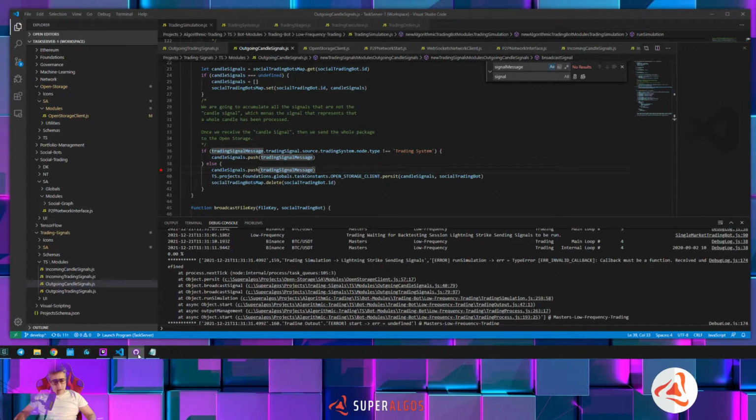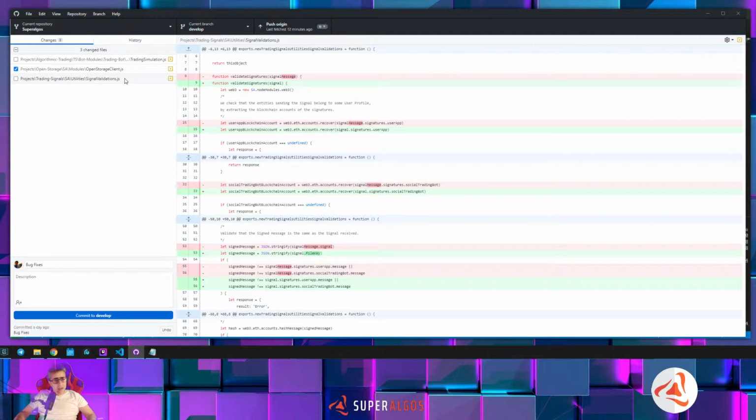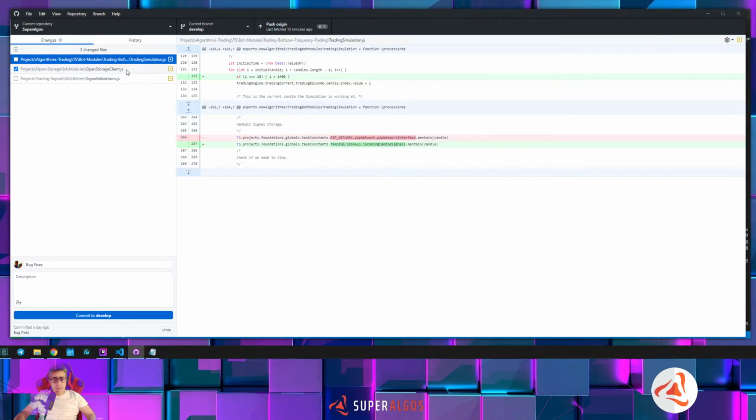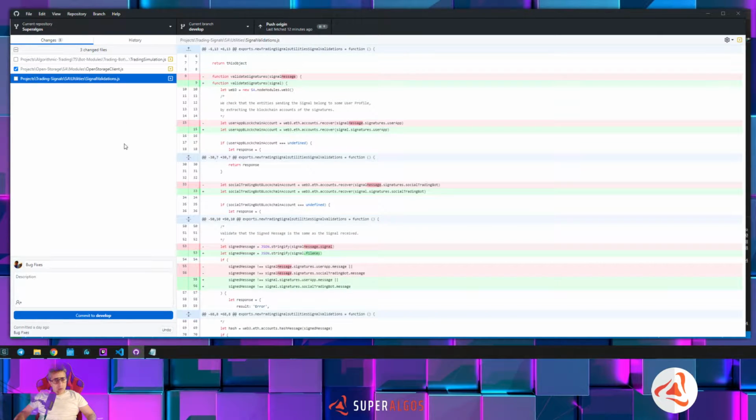So I'm going to make sure that I don't have pending changes here. Okay, yeah, these were the latest refactorings. I will commit this to start this session clean.